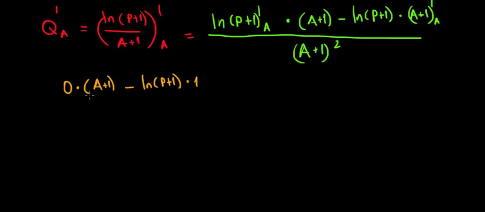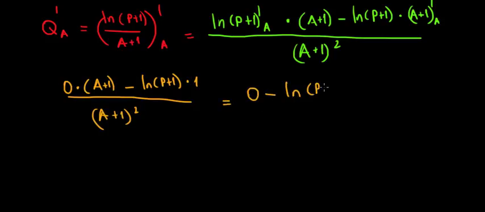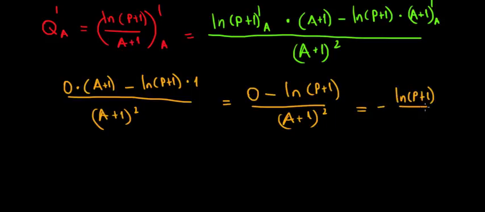So it's going to be 1, divided by A plus 1 to the power of 2. So we have 0 minus ln of P plus 1 divided by A plus 1 to the power of 2, and we could write it as minus ln of P plus 1 divided by A plus 1 squared. That's just the first step, the first derivative with respect to A.